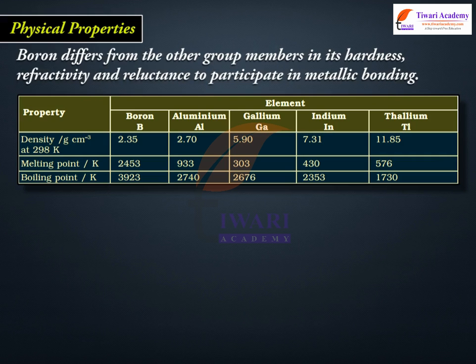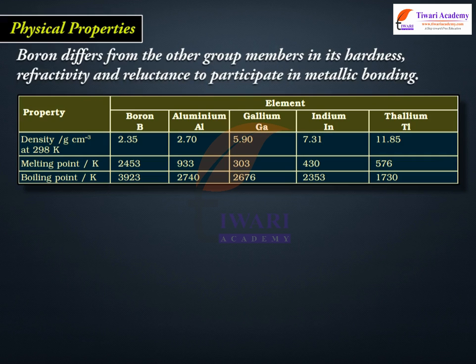Chemical properties: oxidation state and trends in chemical reactivity. The boron family exhibits oxidation states +3 or +1. The +3 oxidation states are favorable except for the heavier elements such as thallium, which prefers the +1 oxidation state due to its stability.